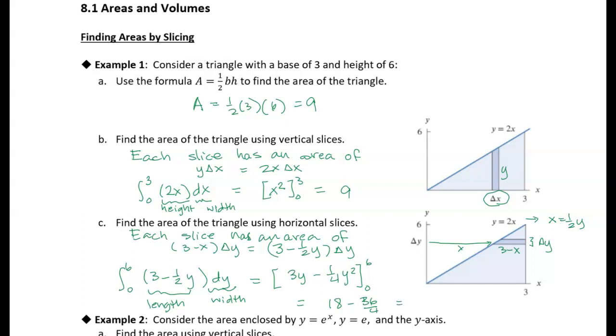So 18 minus 9 is 9. Either way, we get the same result, which helps us verify that our thinking is correct about how to do this. That's just an example of a different, non-traditional way to apply integration to finding areas. We'll continue talking about these alternative ways of using the integral in the next example.